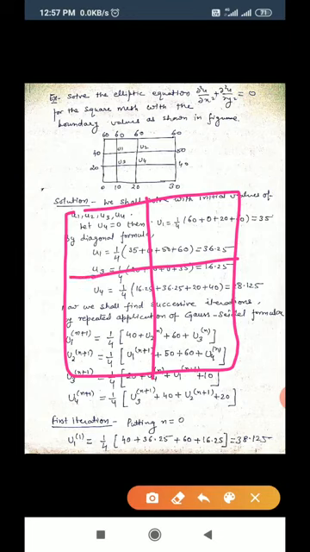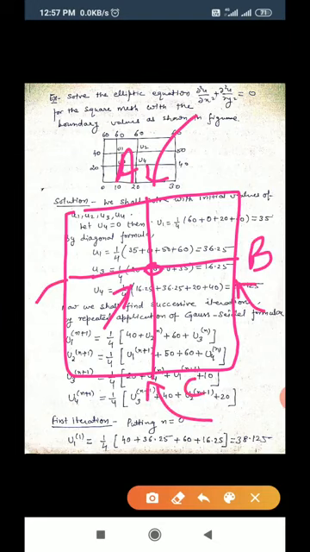It means the value of this point is the average of points A, B, C and D. The formula u(i,j) = 1/4 [u(i+1,j) + u(i−1,j) + u(i,j+1) + u(i,j−1)].